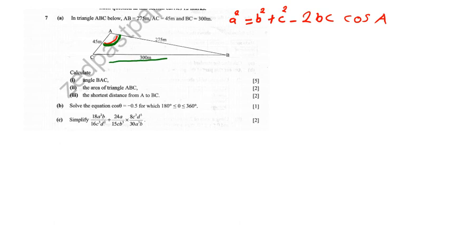So the line which is down, where A is pointing, will be our small a. And this one, where this angle C is pointing, it will be our small c. And this angle B, where this B is pointing, it will be our small b. So I'm writing a small b there, like that.